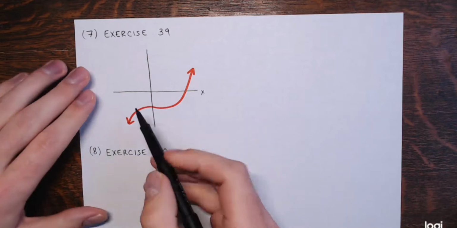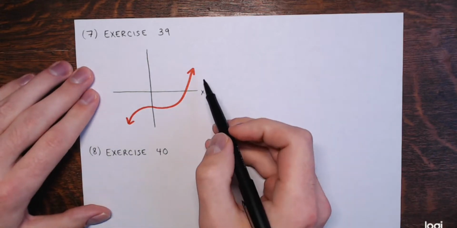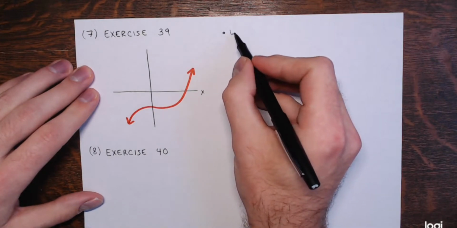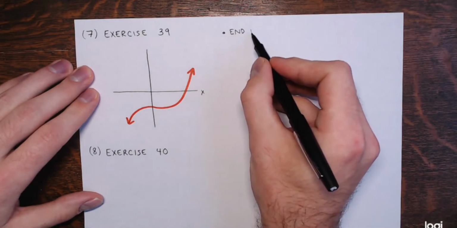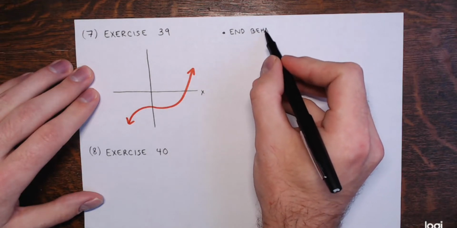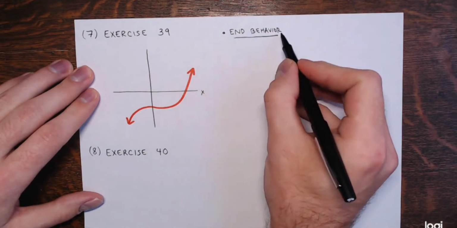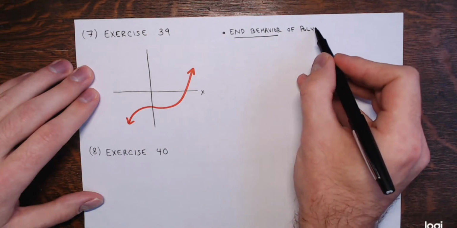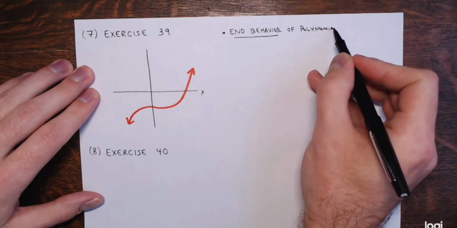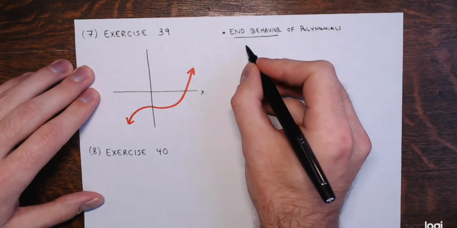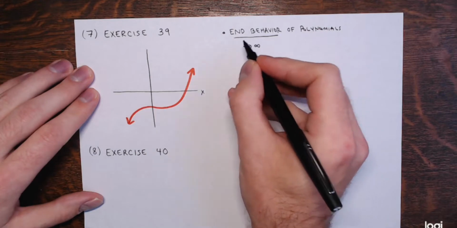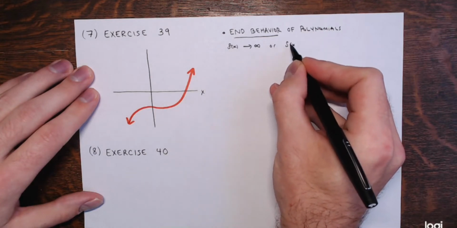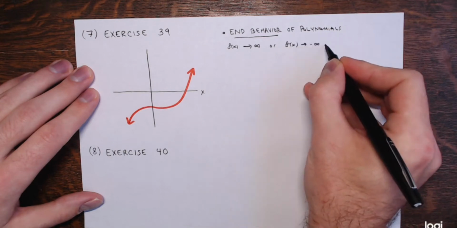So, going from left to right. Now, remember, one more thing about the end behavior of polynomials that I didn't point out at the beginning of this, but you should have noticed by now. The end behavior of polynomials: the output f of x approaches infinity or negative infinity on the ends.